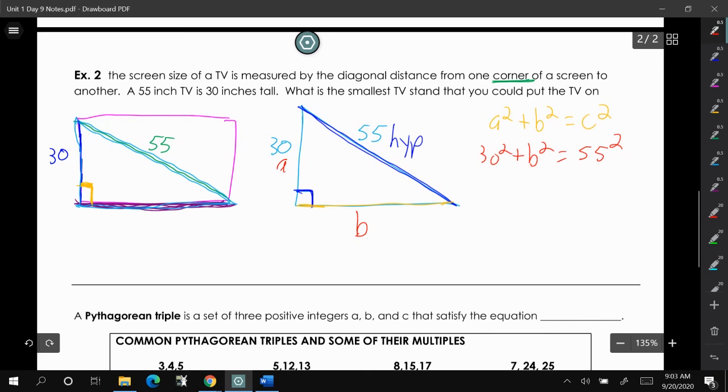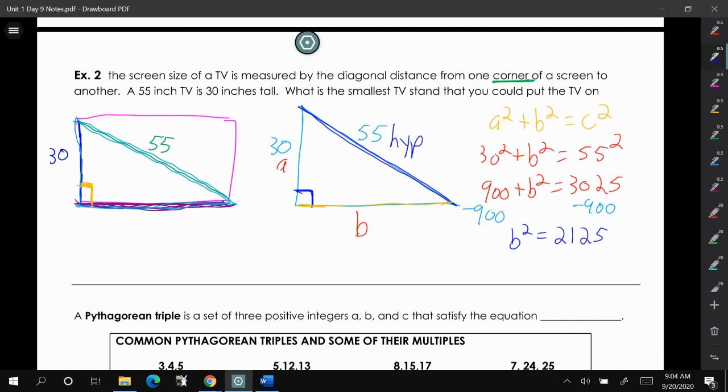So 30 squared is 900. And then 55 squared is 3,025. Subtract 900 from both sides. B squared is 2,125.